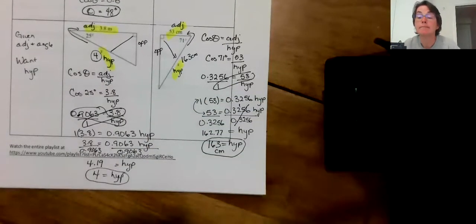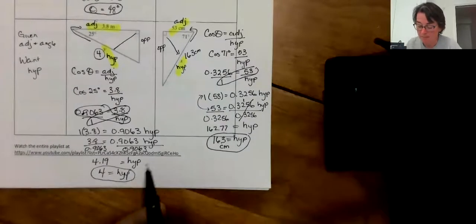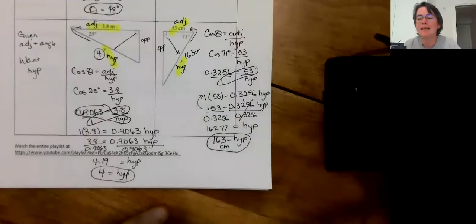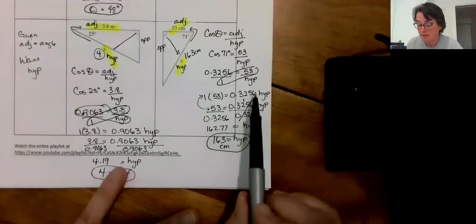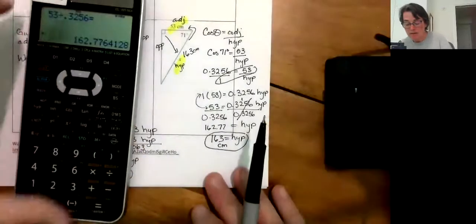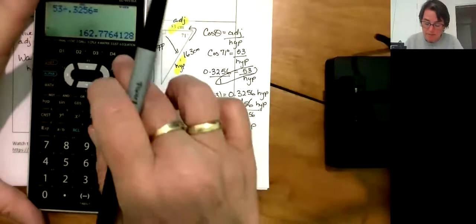Oh, okay. Here's a tip for you. You're doing this and you get partway through and you kind of get lost and you know you've got the 53 and you can't remember if you should multiply by the 0.3256 or you should divide by 0.3256. Well, you can see here, dividing is a good choice. Let's just say you're having a bad day.